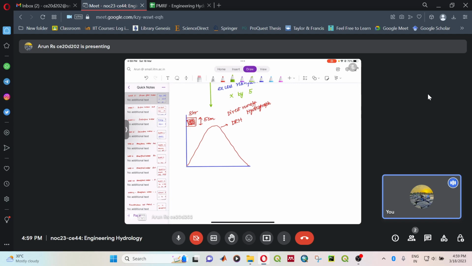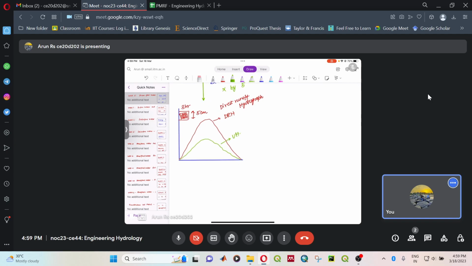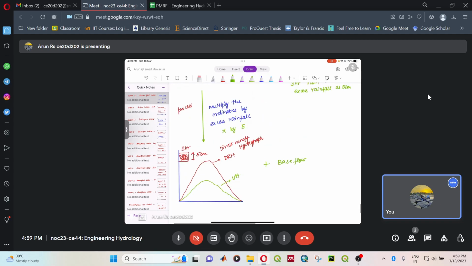So your unit hydrograph will look something like this. Now what we have to do is, we need to add base flow to this DRH, and the resultant will be a flood hydrograph.